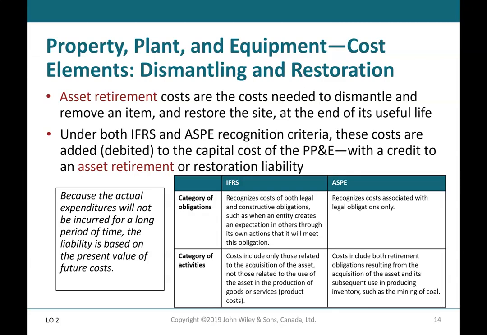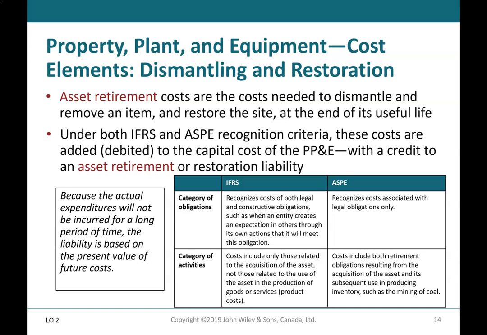Category of obligations: IFRS recognizes costs of both legal and constructive obligations, such as when an entity creates an expectation in others through its own actions that it will meet this obligation. ASPE recognizes costs associated with legal obligations only.